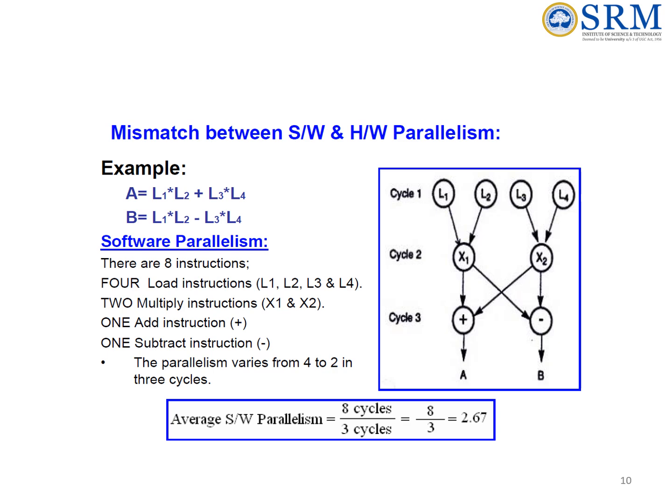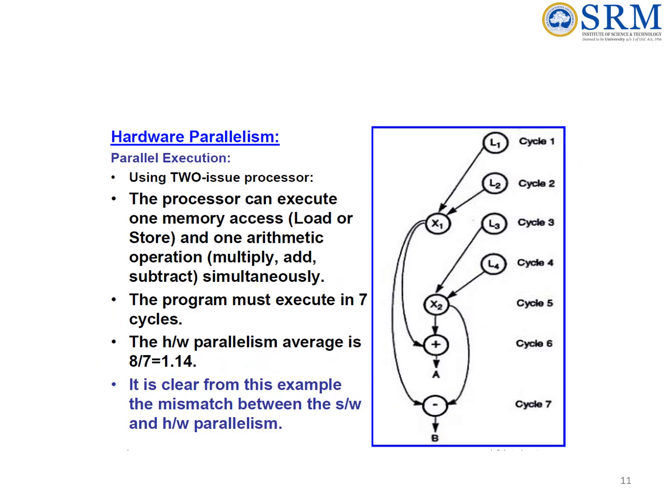The parallelism varies from 4 to 2. So in three cycles, I can execute the 8 instructions. The average software parallelism is 8 instructions divided by 3 cycles, which is 2.67.